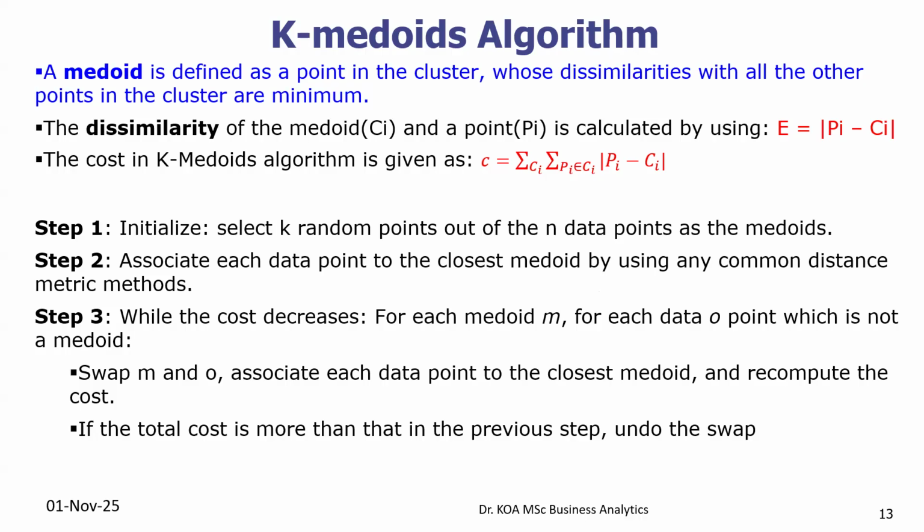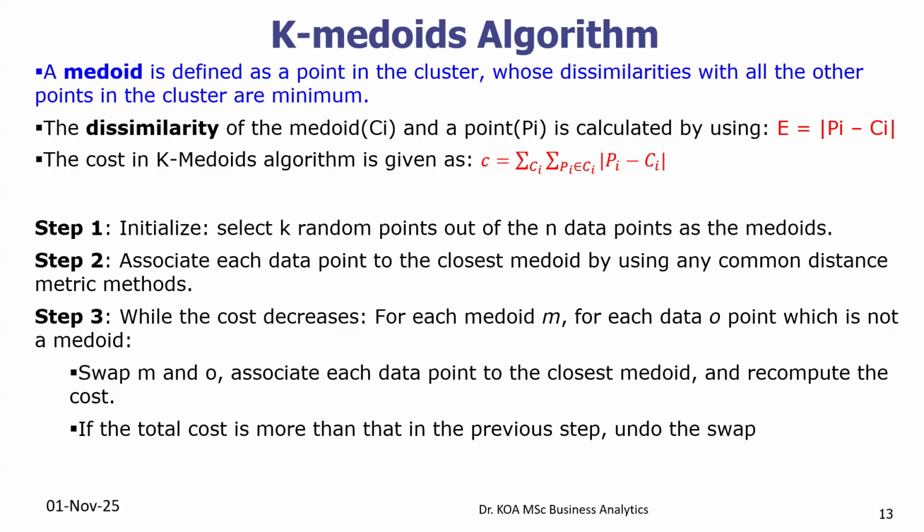If you want to go through the steps of calculating the medoid, first you have to initialize. You select k random points out of the data and consider these as the medoids, plural. Then you associate each data point to the closest medoid by computing using any common distance metric.